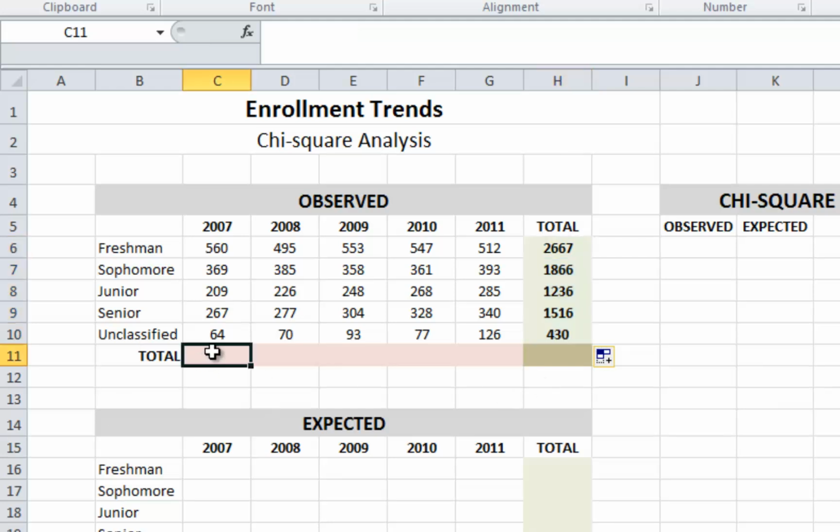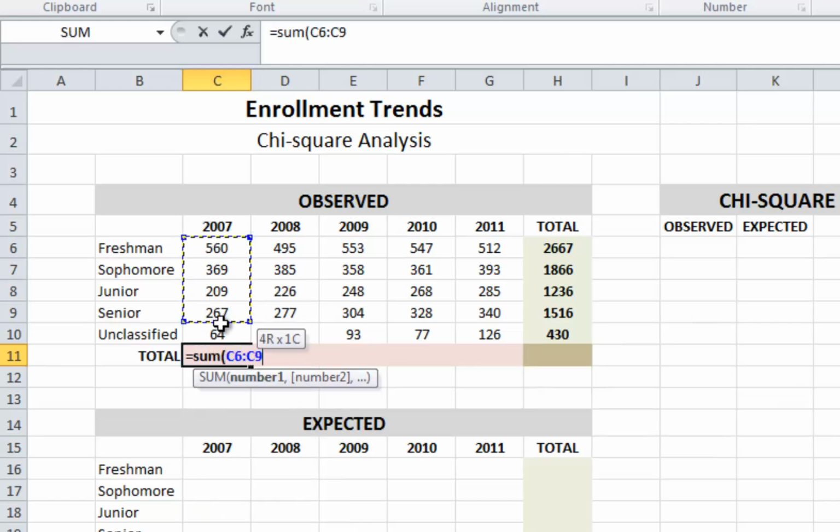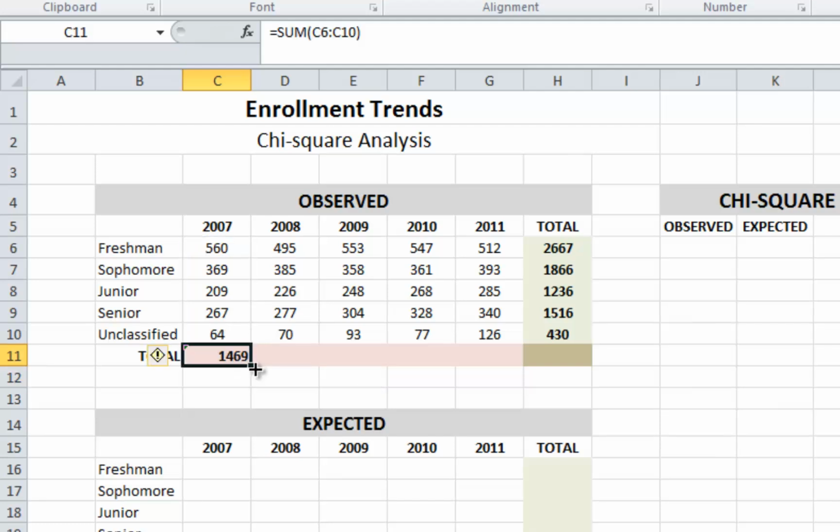Now we need column totals. This is the same concept: equals sum, we'll select those 5 grade levels, hit enter, and there's that. Again, we'll drag over to autofill the rest of the columns. Now we need a grand total. We can use the row totals on the right-hand side, or the column totals along the bottom.